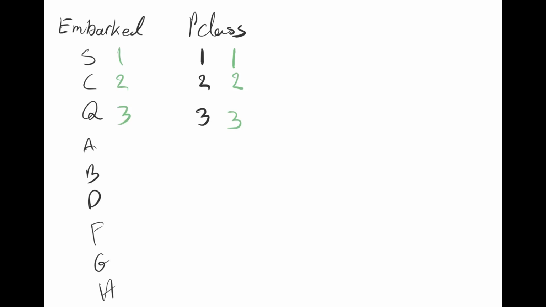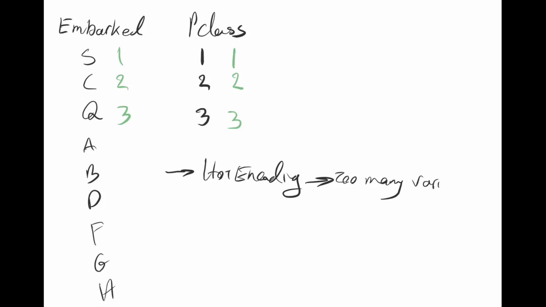In such a case, when you do one hot encoding, you have too many variables. Later, we talk about the importance of features or importance of variables. When you have too many variables, that variable loses its importance.